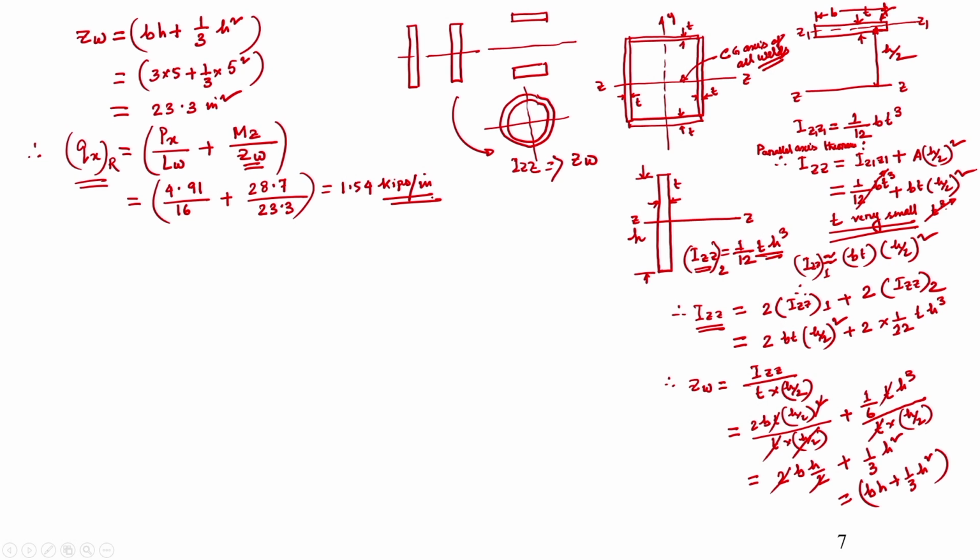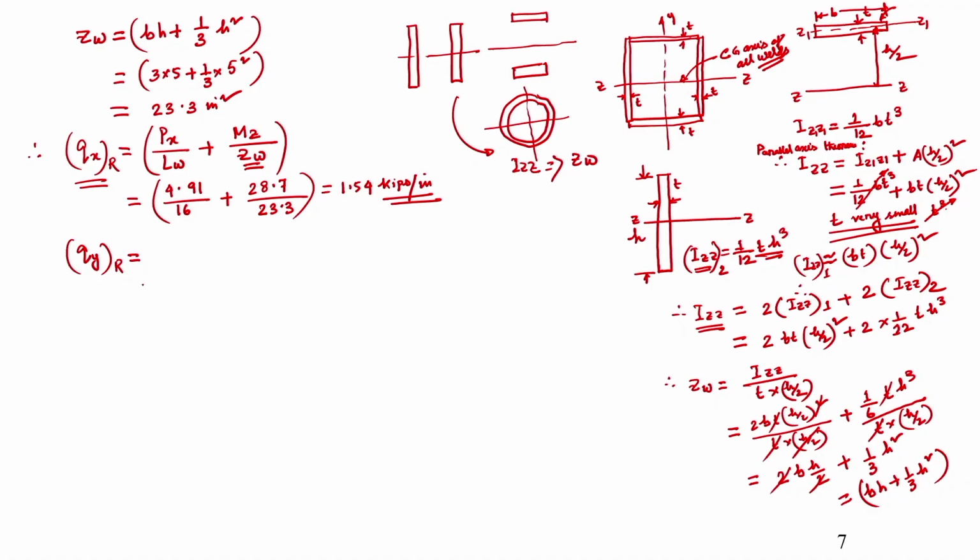This is Qx resultant. Now, what is Qy resultant? You see Qy, there is only one force, there is no torsional type of force. And this bending moment Mz will not create any stress along the direction of y, that you can find out. Along the direction of y, there will not be any bending stress.